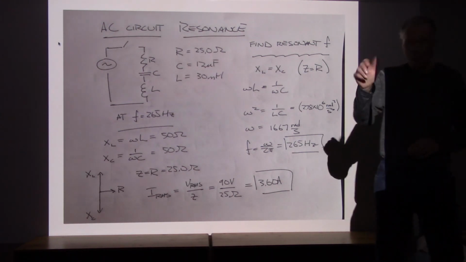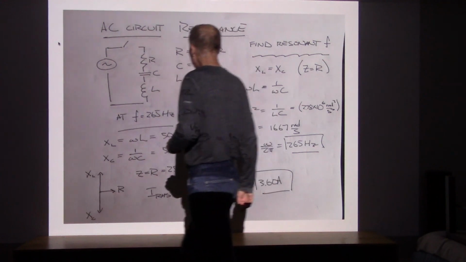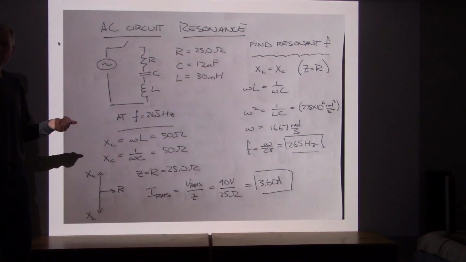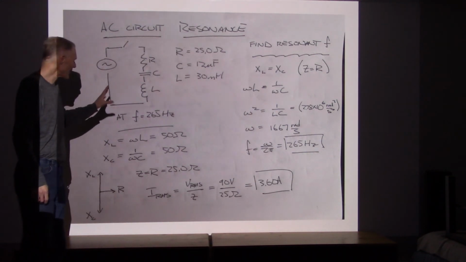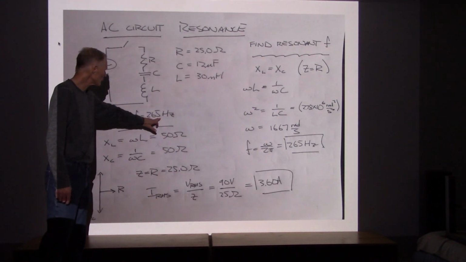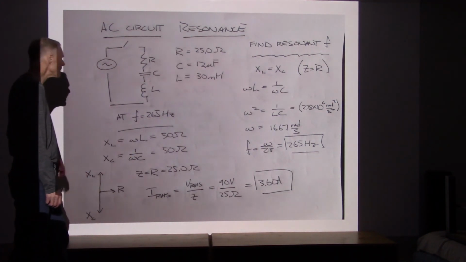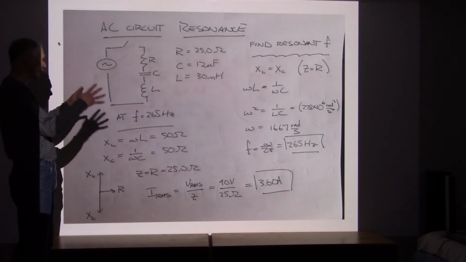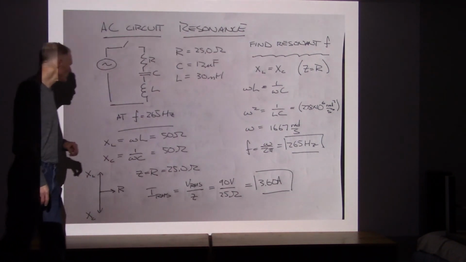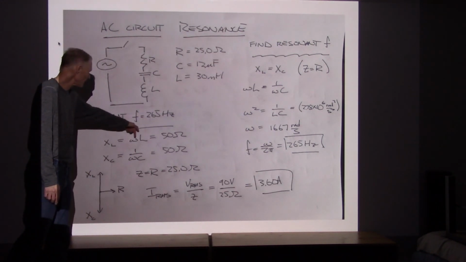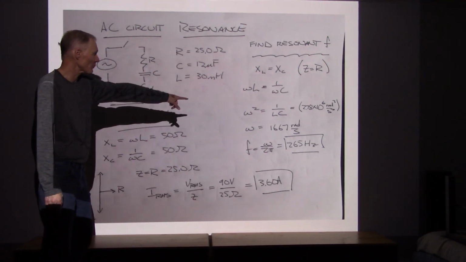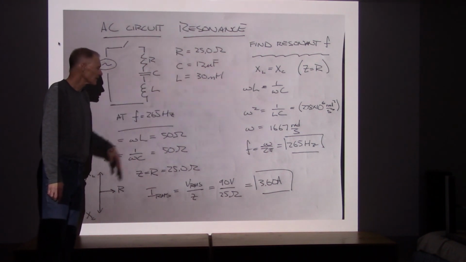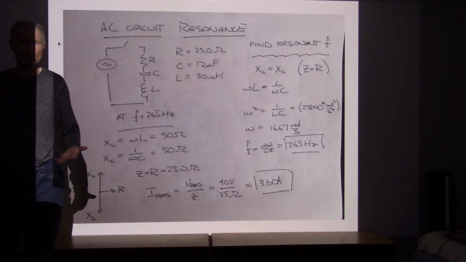So I'm going to adjust my power supply, and instead of operating at, what was the frequency in the last one? Like 500 hertz or something? I'm going to bring that down. I'm going to bring the frequency down to 265, and then I'm going to go back and double check my reactances. So at this new frequency of 265 hertz, putting in the 1,667 times the inductance, it gives me 50 ohms.